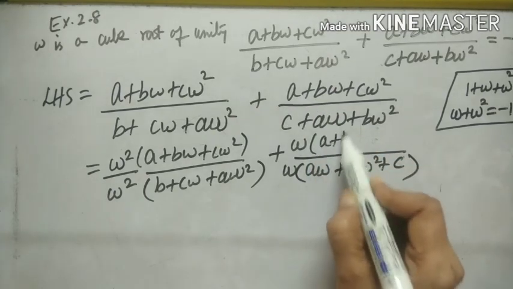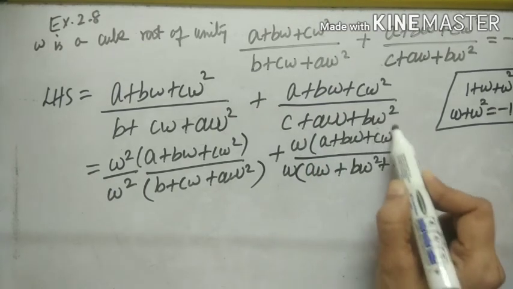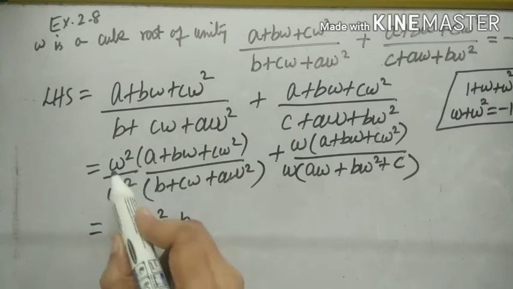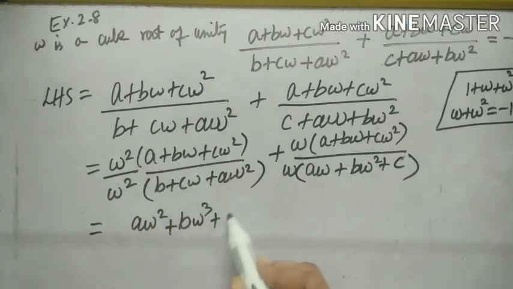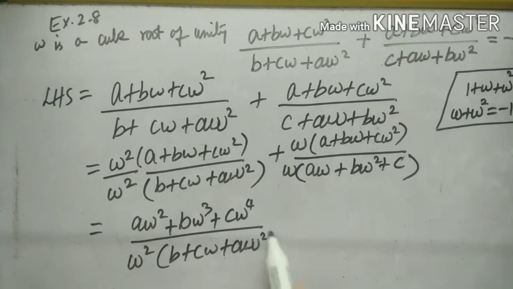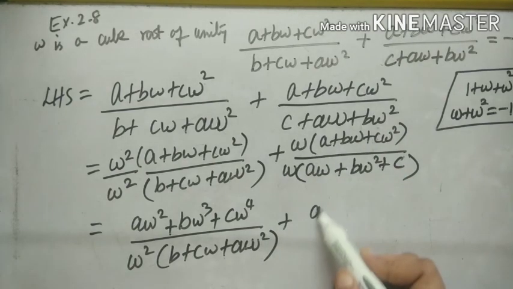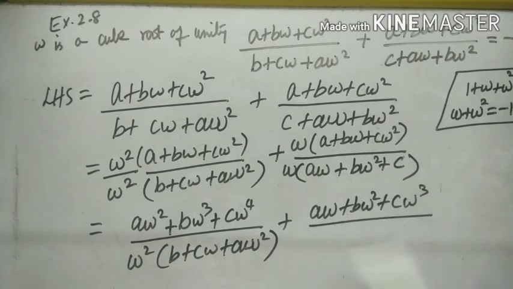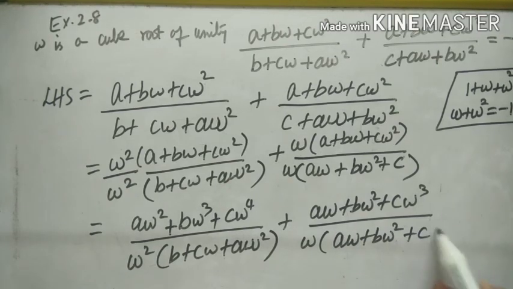So I get (A omega square plus B omega cube plus C omega power 4) divided by omega square into (B plus C omega plus A omega square). Similarly, (A omega plus B omega square plus C omega cube) divided by omega into (A omega plus B omega square plus C). Can I cancel?